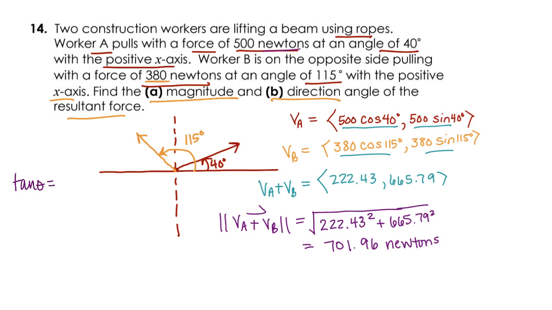So that's going to be 665.79 over 222.43. And so solving for just theta is going to give us 71.526. And that's going to be our direction angle. And we know that simply because we stayed with that positive x-axis.